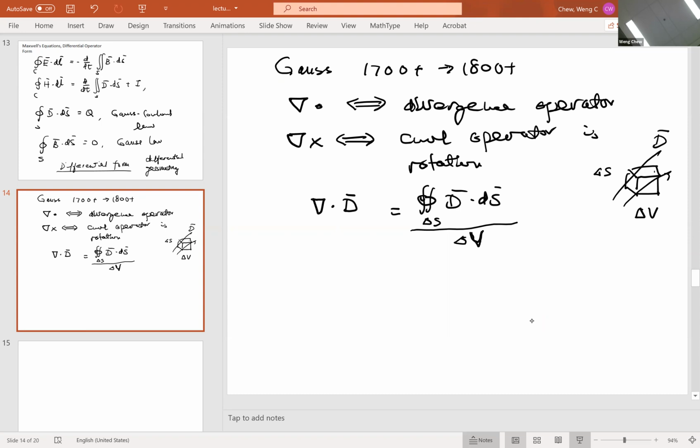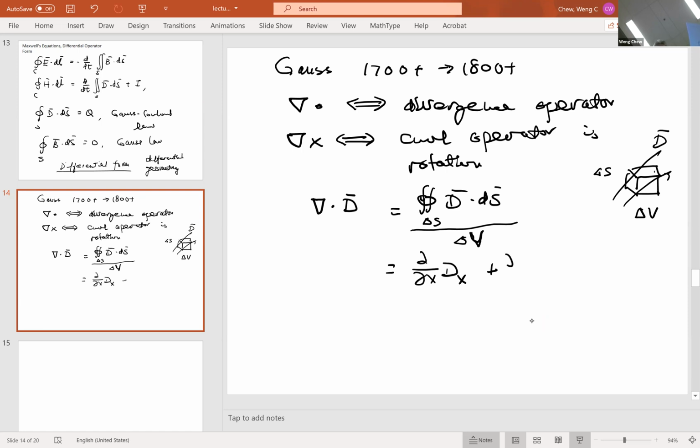The algebra is done in the lecture notes. I won't go through the algebra here because it will be too boring for you. It's not beyond you, because you probably know how to do that if you have the patience. So you find that this divergence of B, if you do all the algebra correctly, is given by this expression.